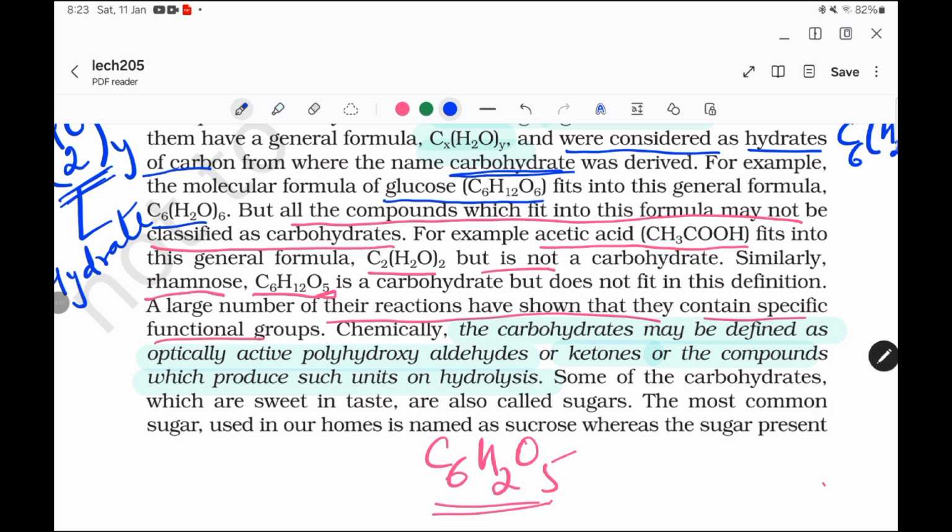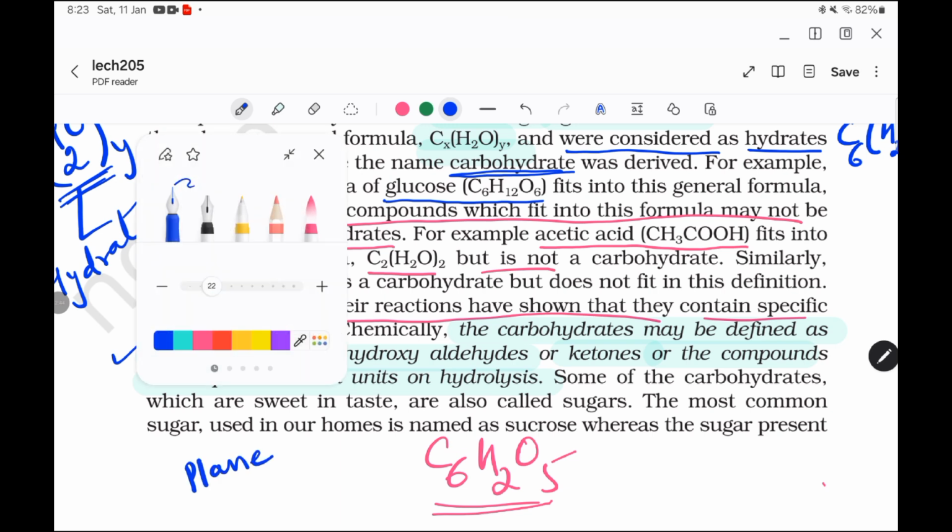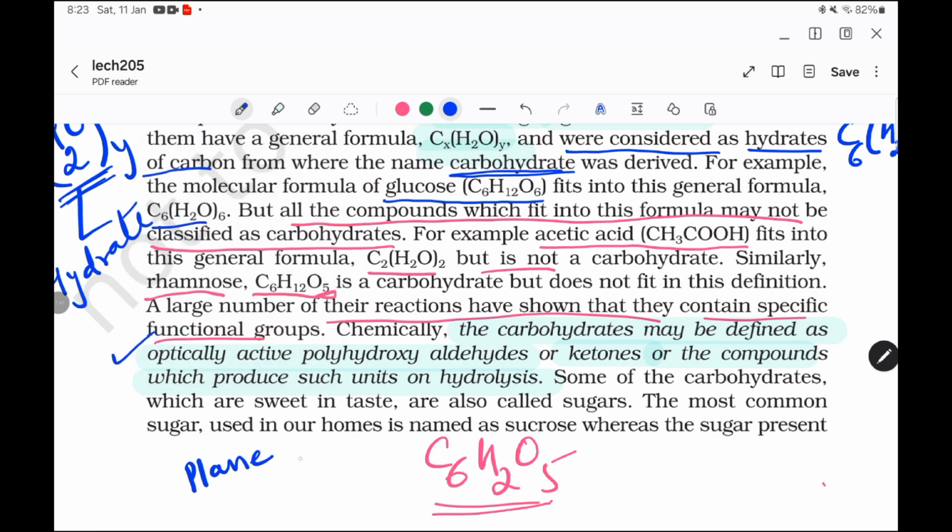Let's analyze it quickly. Optically active compounds are those which can rotate the plane of plane polarized light. The light can rotate either in the clockwise direction or in the anti-clockwise direction. You understand this?